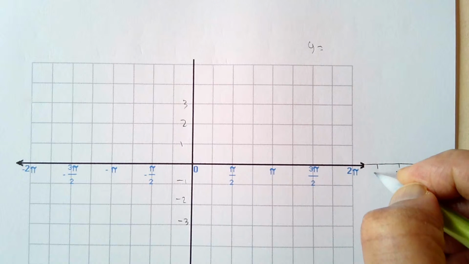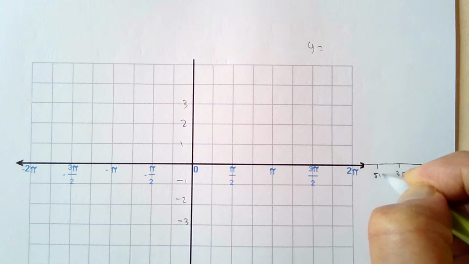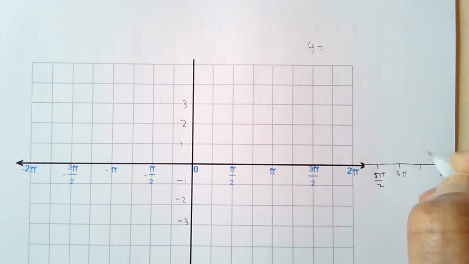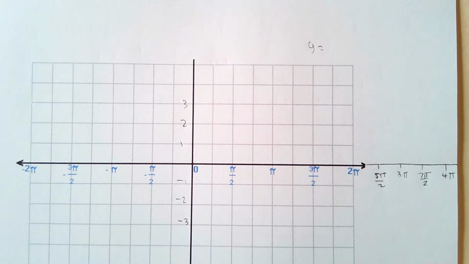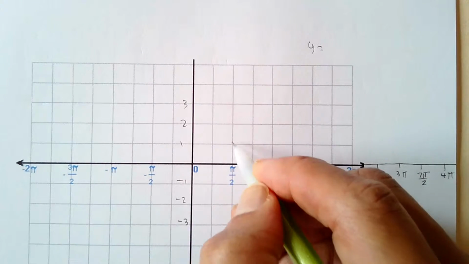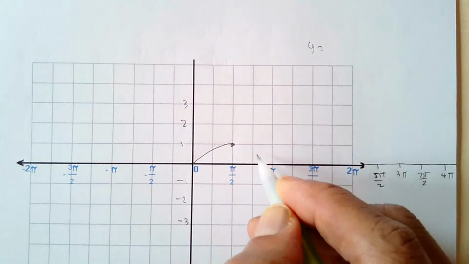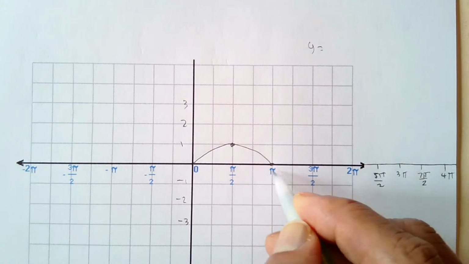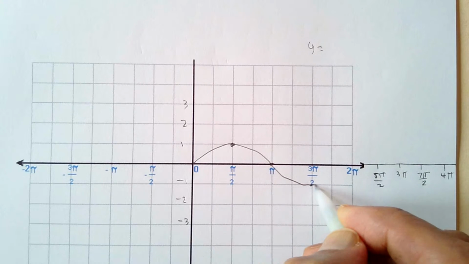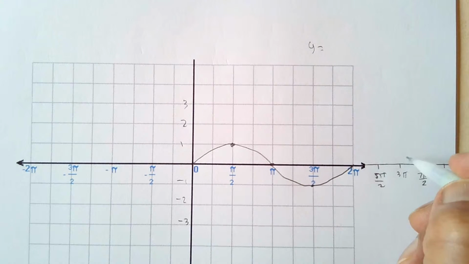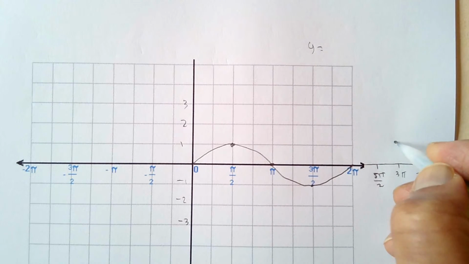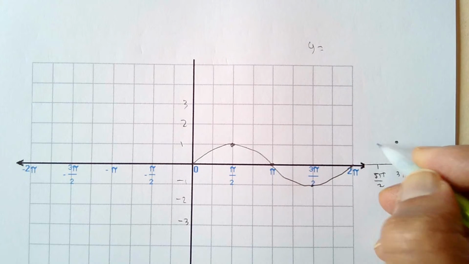So we have 5 pi over 2, 3 pi, 7 pi over 2. So first of all, let's sketch the graph of y equals sine of x. Remember, this is our sine of x, because it goes up here, down, and back up here.